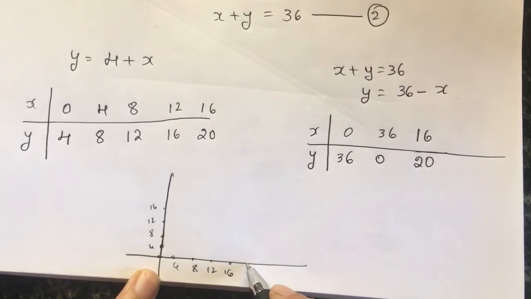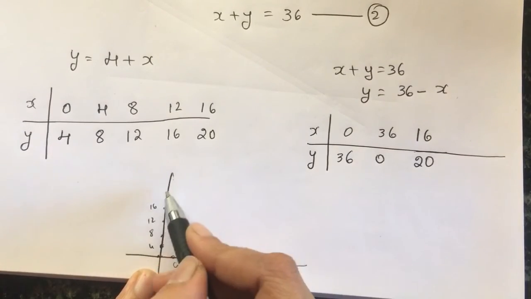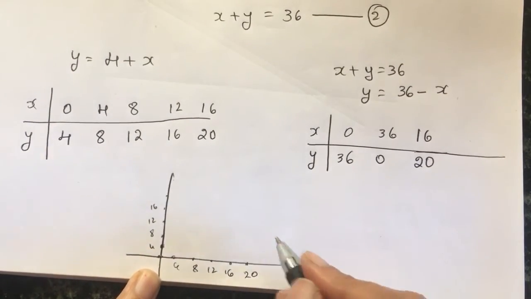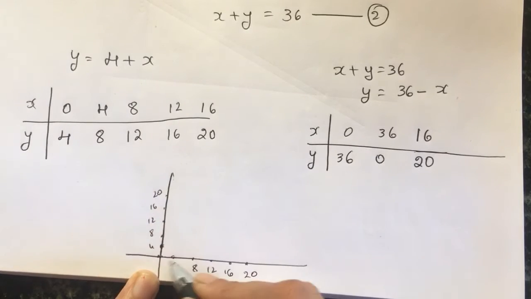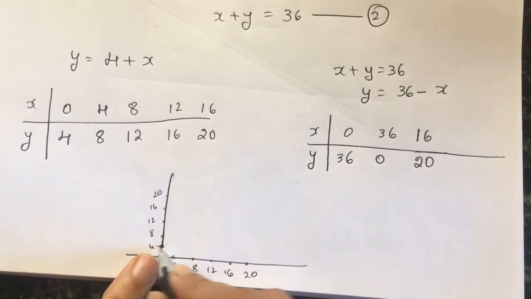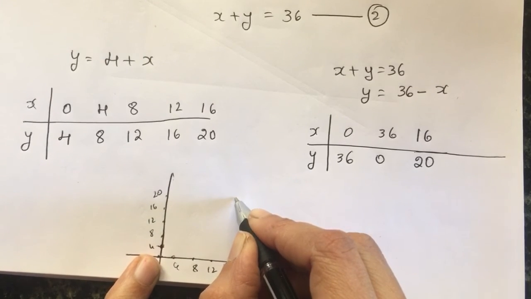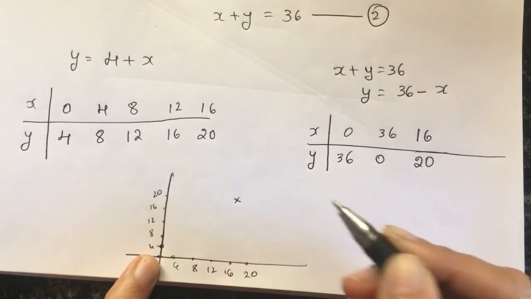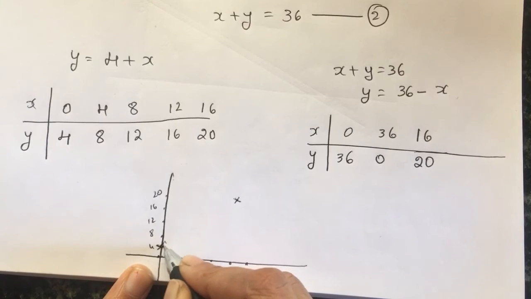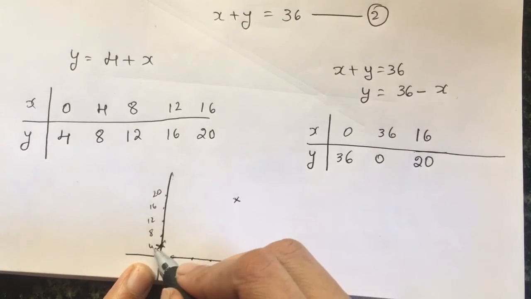The same thing over here, you go on giving the values. When x is 0, y is 4. When x is 16, you are getting y as 20. Somewhere here is one point. So it goes something like this.